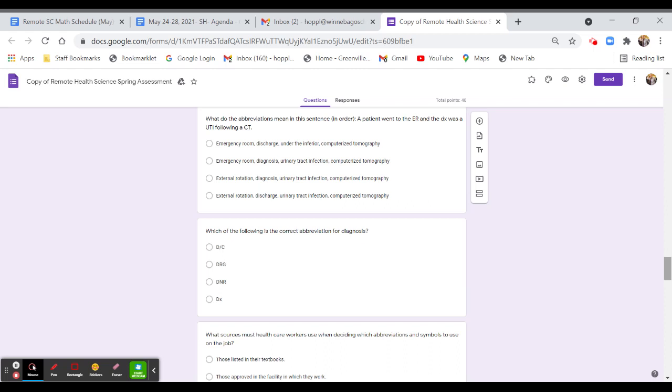What do the abbreviations mean in this sentence in order? A patient went to the ER and the DX was a UTI following a CT.